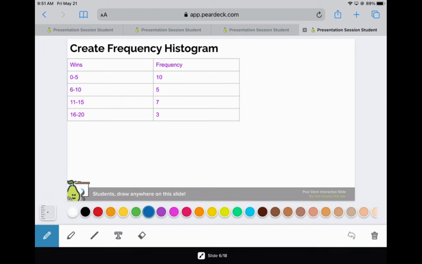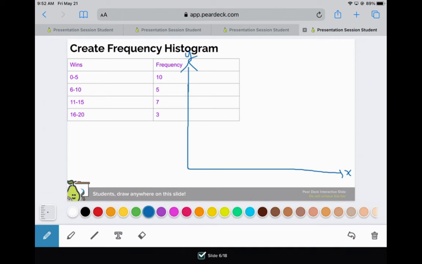Frequency histogram. Who remembers how we create a frequency histogram? If the table is given to you. For this one, you make a dot plot. This is not the dot plot. This is the histogram. So you have the x-axis, you have the y-axis. Does that kind of sort of remind you of the bar graph?